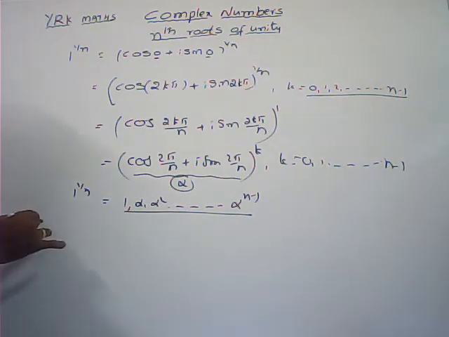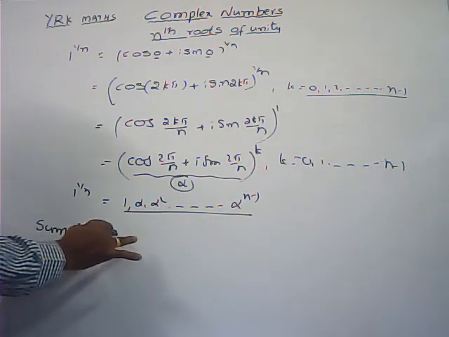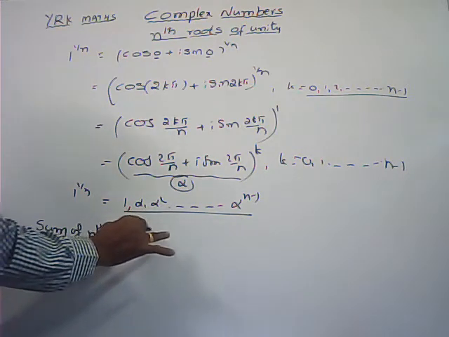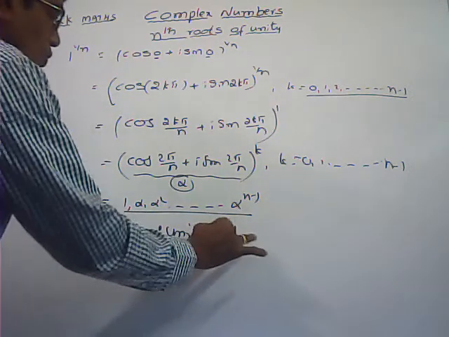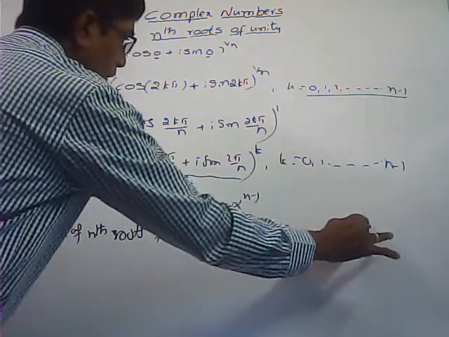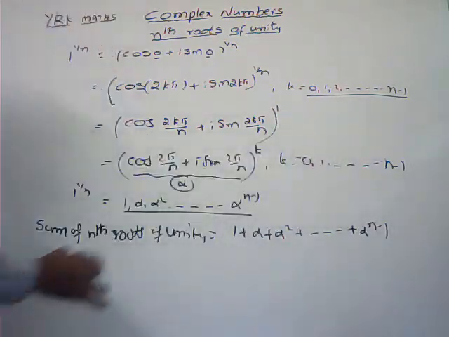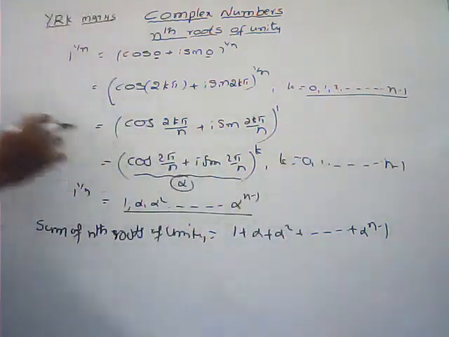Now the sum of the nth roots of unity is equal to 1 plus alpha plus alpha square plus and so on plus alpha power n minus 1. Don't forget, here 0 to n minus 1 is one partition I have taken.